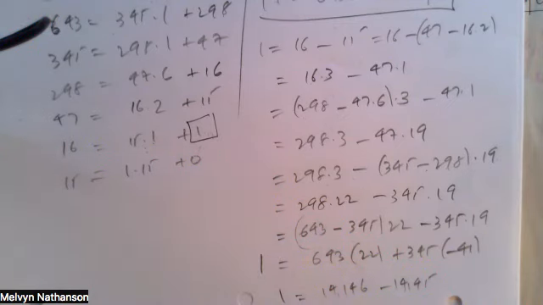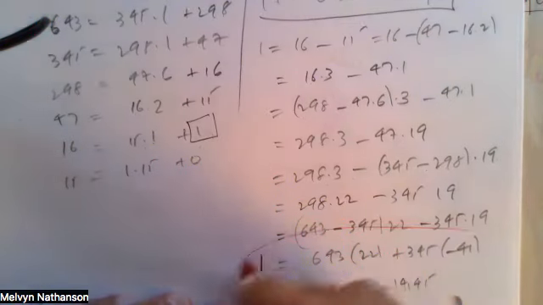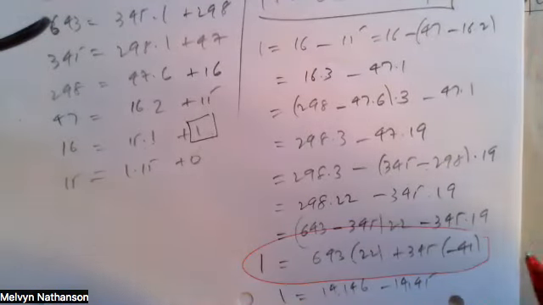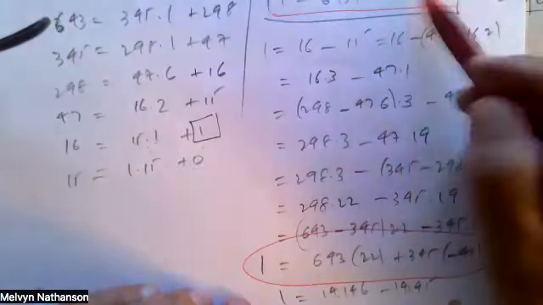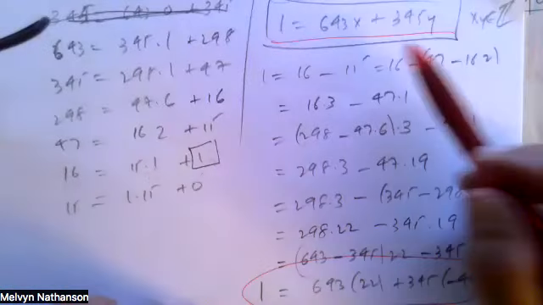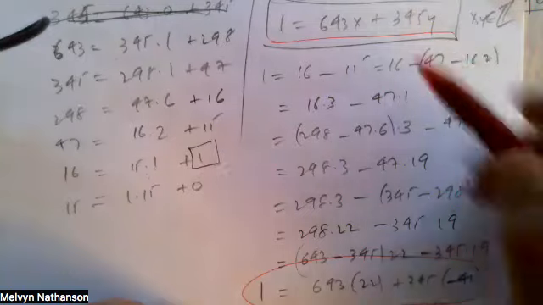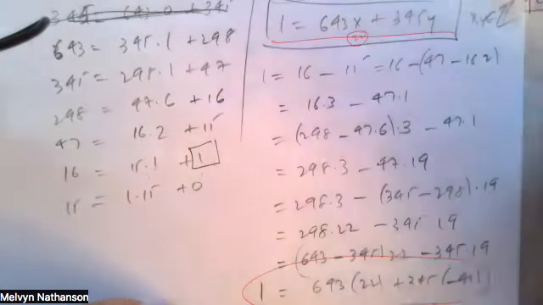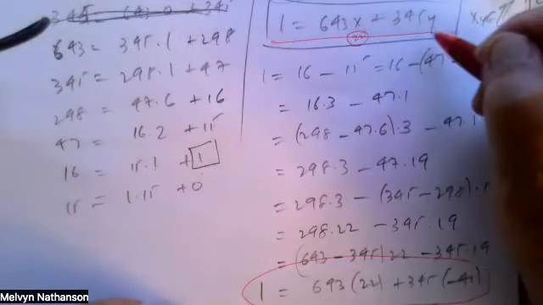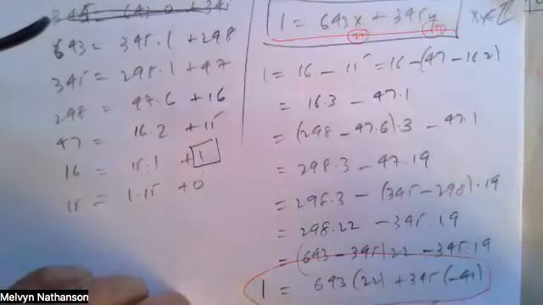So that really is equal to 1, and everything checks. This is correct. So I have 1 as this integral linear combination of 643 and 345, where x is equal to 22 and y is minus 41.